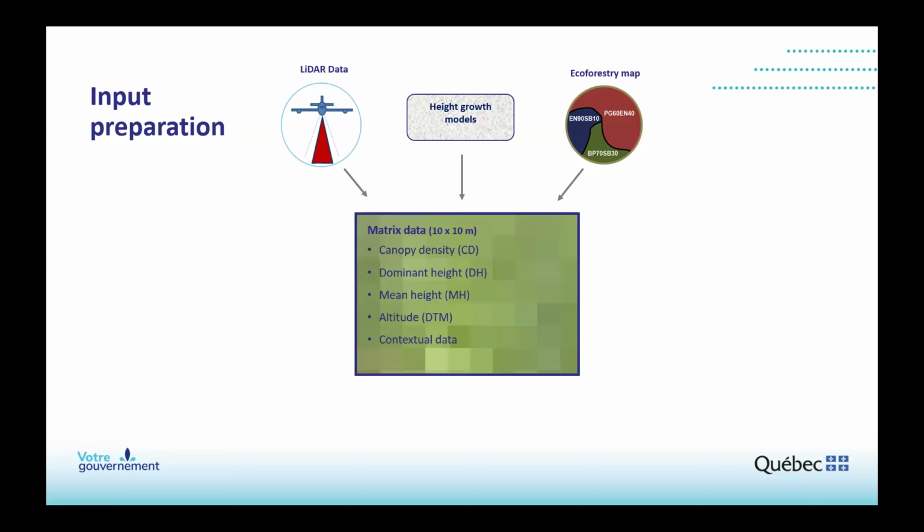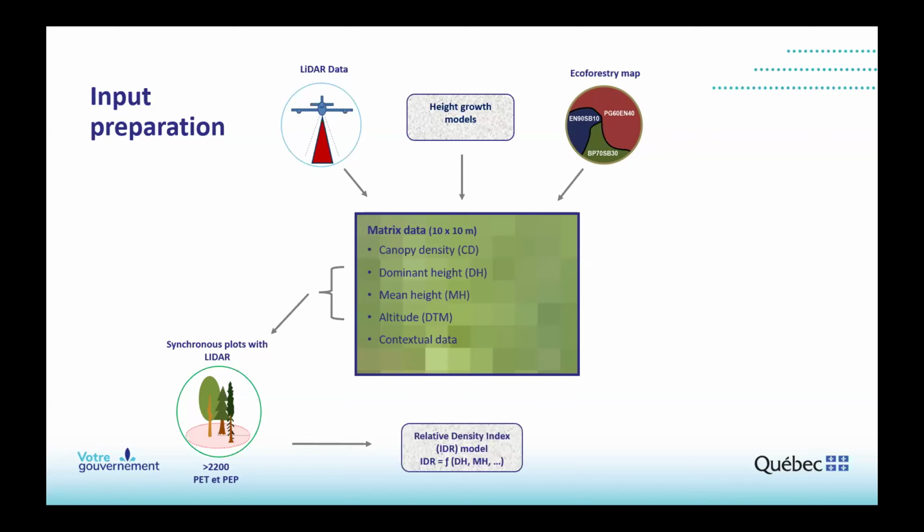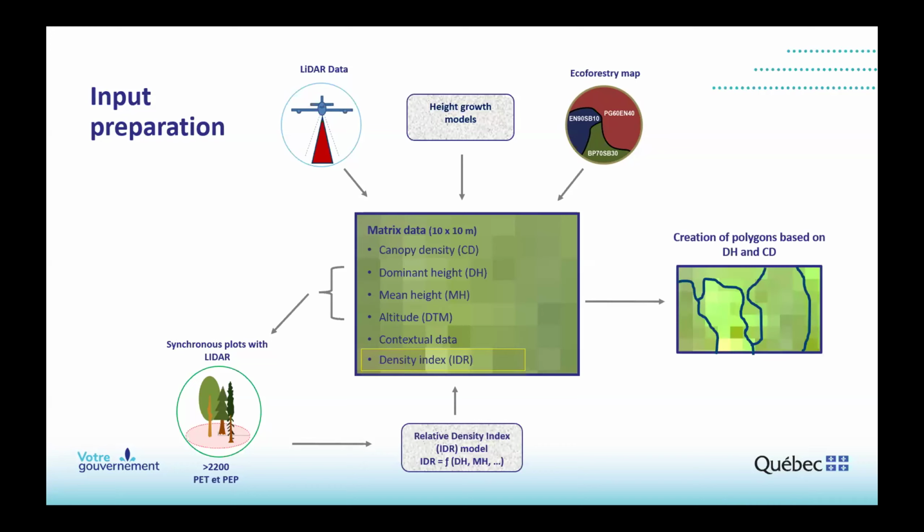From those three pieces of information, dominant height, mean height, and altitude, combined with synchronous plots with LiDAR, we are able to create a relative density index that is incorporated into our matrix data. From there, we are also able to create polygons based on dominant height and canopy density. The matrix data and the polygons are important for the next step.